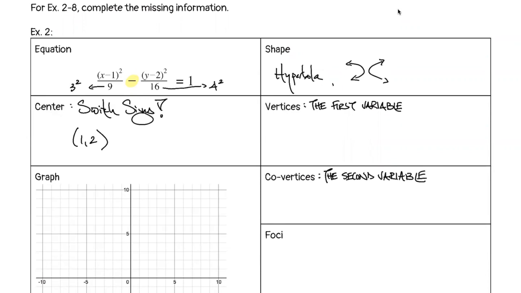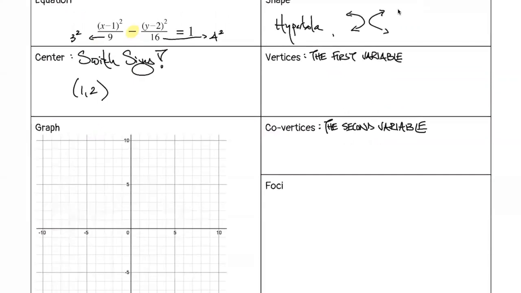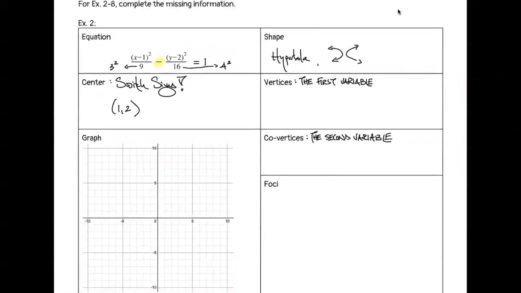Okay, let's go ahead and plot these things first and then come back and fill in the equation for the vertices and the co-vertices. And the first thing I'm going to do is plot the center. So I'm going to go to 1, 2, and I'm going to have my center point. Now I'm going to do something that I did for ellipses, which is the number under X tells me how far I go side to side.